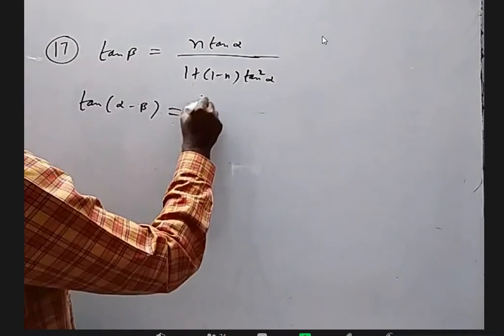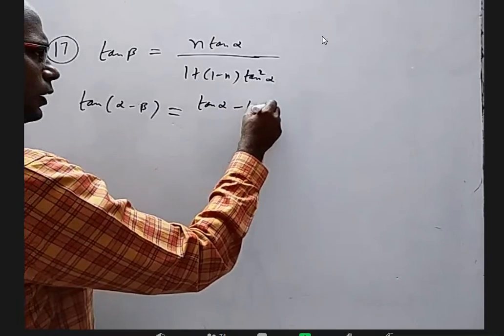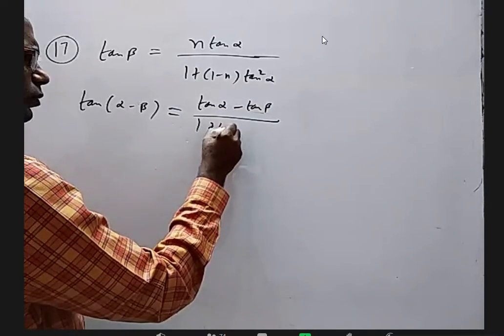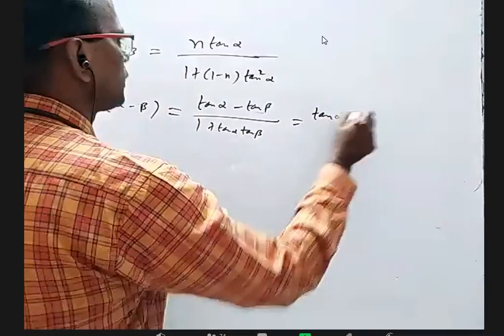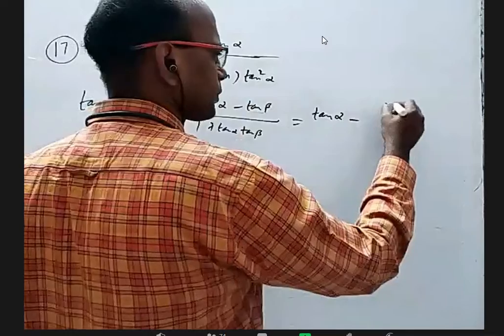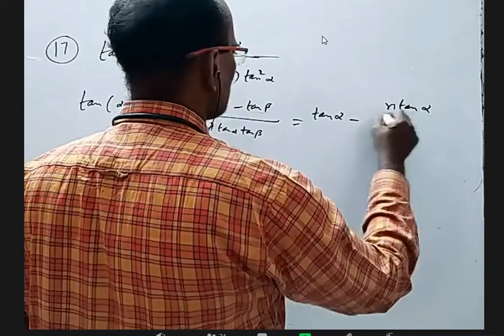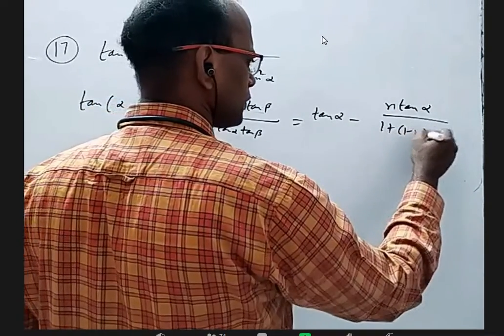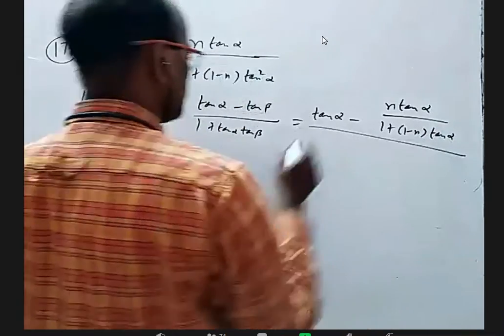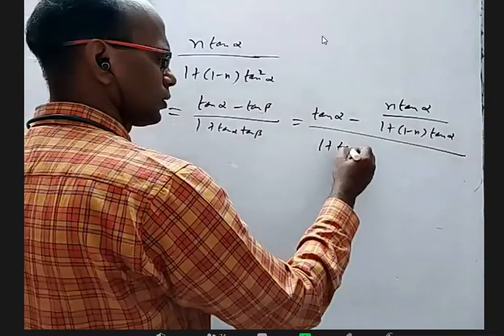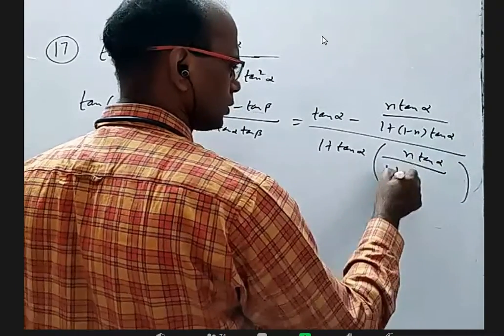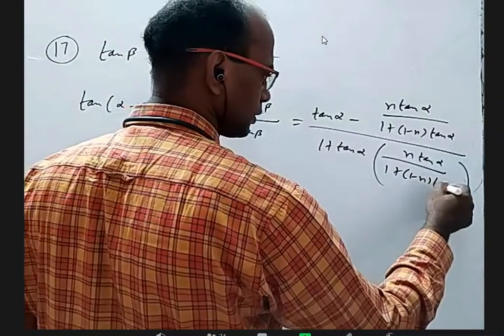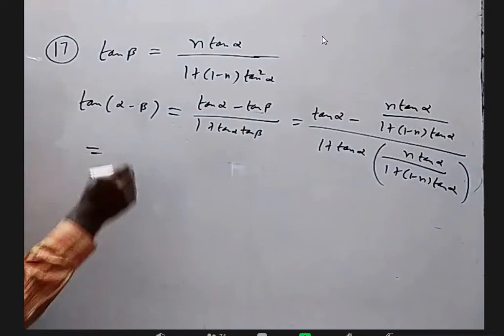I can write tan alpha minus tan beta by 1 plus tan alpha into tan beta. In the place of tan beta, I can write this: n tan alpha by 1 plus 1 minus n into tan square alpha. Sir, it is tan square alpha.